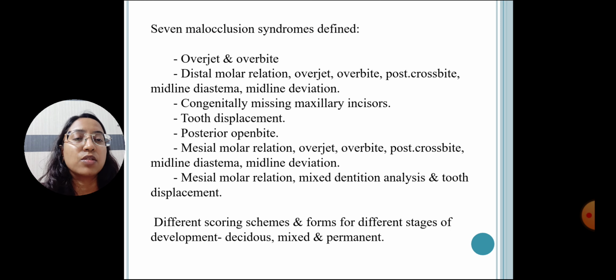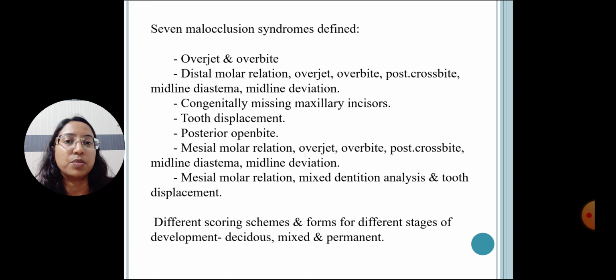And accordingly, seven malocclusion syndromes were defined: overjet and overbite, distal molar relation, overjet, overbite, posterior crossbite, midline diastema, and midline deviation, congenitally missing maxillary incisors, tooth displacement, posterior open bite, mesial molar relation, overjet, overbite, posterior crossbite, midline diastema, midline deviation, mesial molar relation, mixed dentition analysis, and tooth displacement. So different scoring schemes and forms for different stages of development were also given. That is different for deciduous stage, mixed dentition stage, and permanent dentition stage.